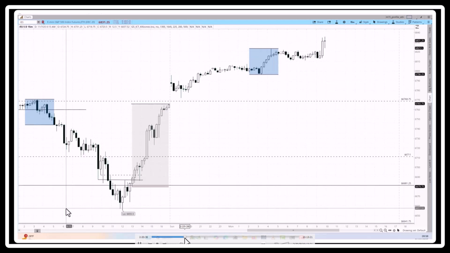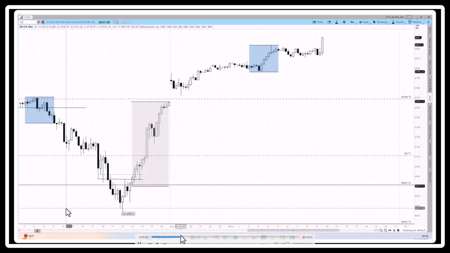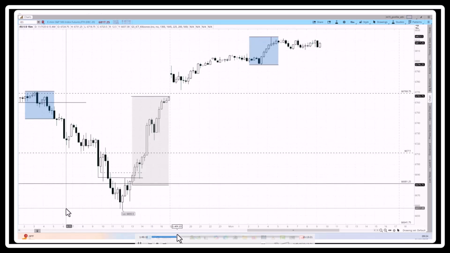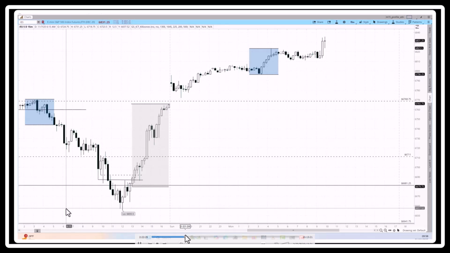So, alright, we have the liquidity right here, right? That's the 930, right? Is that the 930? Yes, so that's the 930. And let's see. Yeah.